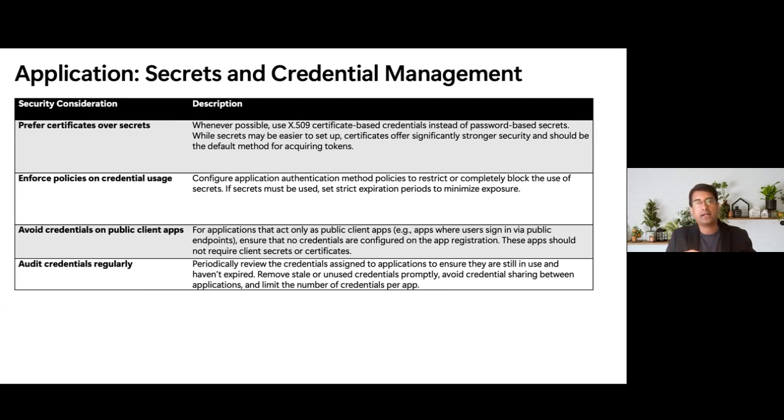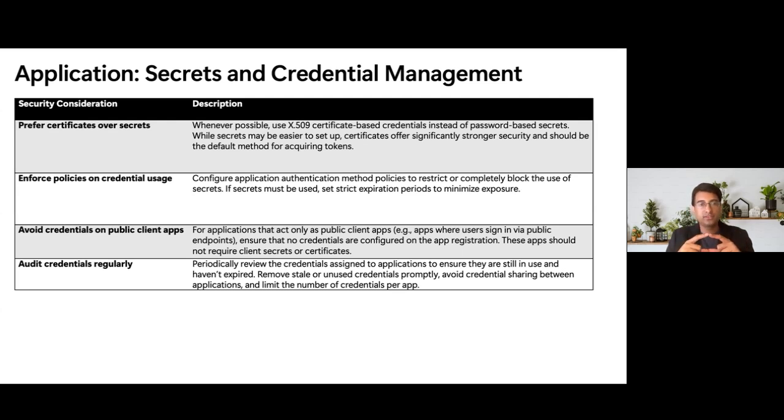Now, when you do that, you will be required to do certain things. And from a credential standpoint, first of all, avoid secrets if you can. Use X509 certificates. They're easier to rotate and they provide much more information. Generally speaking, they align very well with the existing PKI, public key infrastructure, right? PKI. So that's really important.